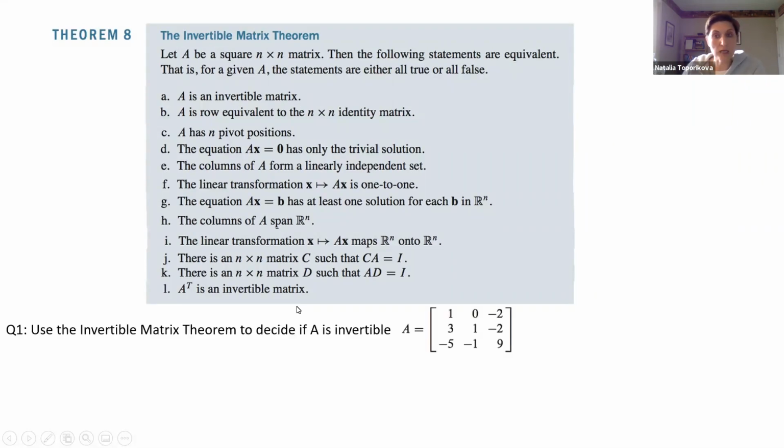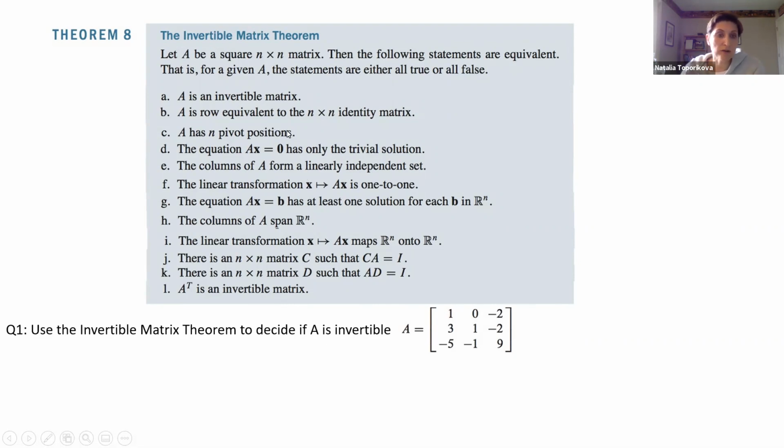Okay, so let's see how you would work with the invertible matrix theorem in a practical application. For example, we have a matrix A, and let's try to figure out if it's an invertible matrix. Any statement from B to L can be appropriate. We can test any of them.